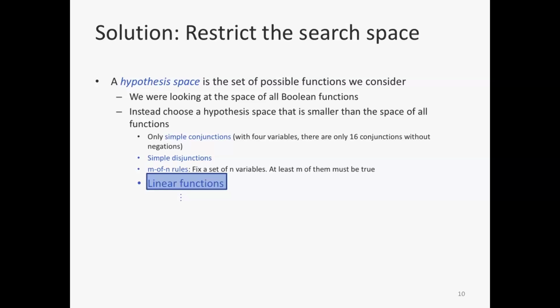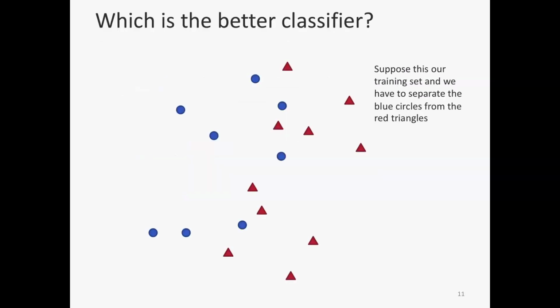To motivate this, imagine that you have a task where you need to separate out these circles from these triangles. And this is all the training data you have. It's in 2 dimensions, which is convenient because I can also put it on a screen. And our goal is to somehow separate out the circles from the triangles.